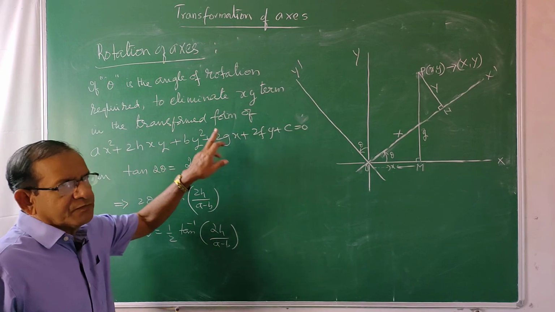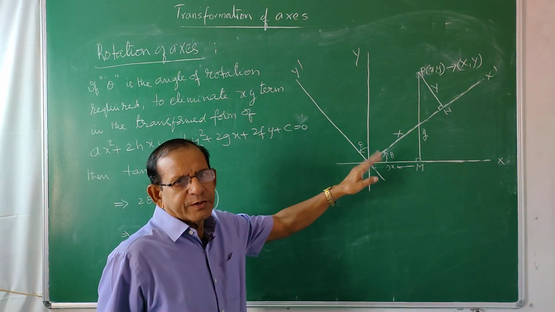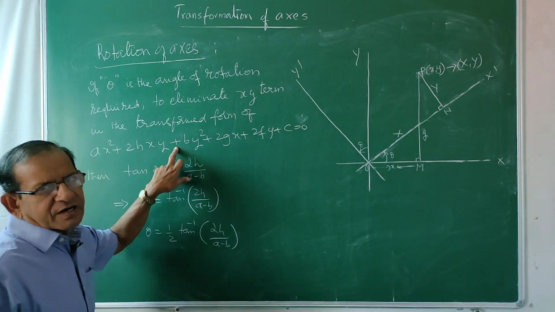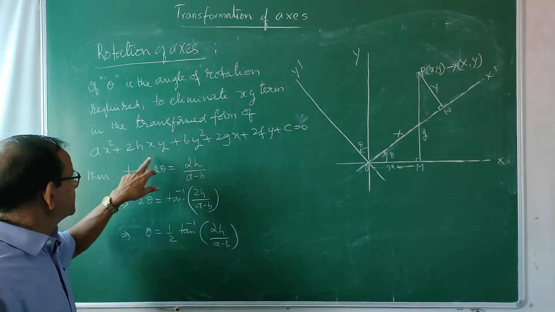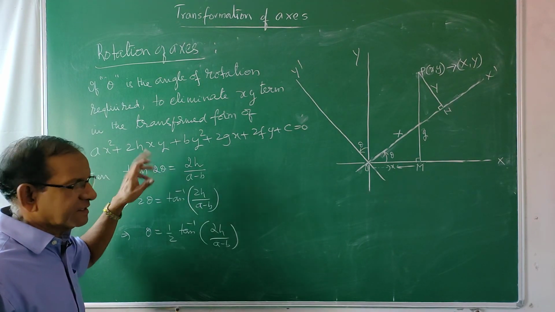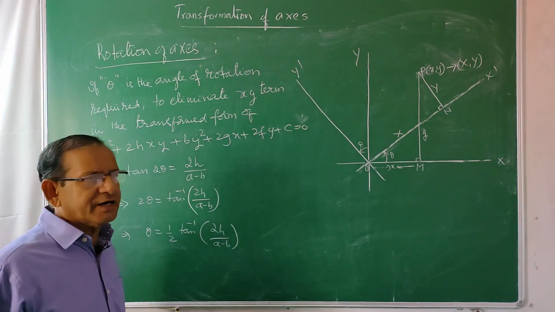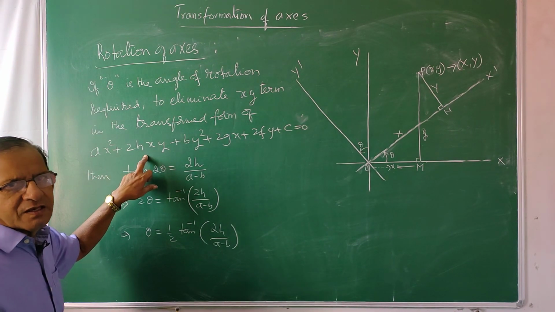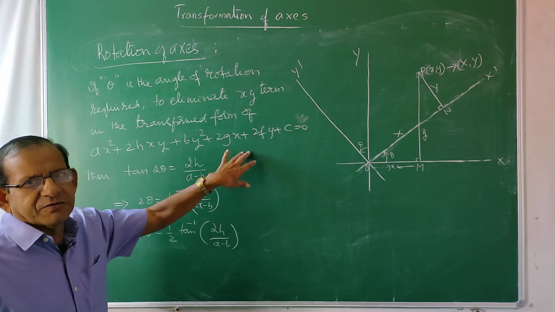Suppose when the axes are rotated by a certain angle, then this is the given equation. For example, in the transformed equation you should not get the xy term. Then what is the value of theta? That means what is the angle of rotation required to eliminate the xy term in the transformed form of this equation?